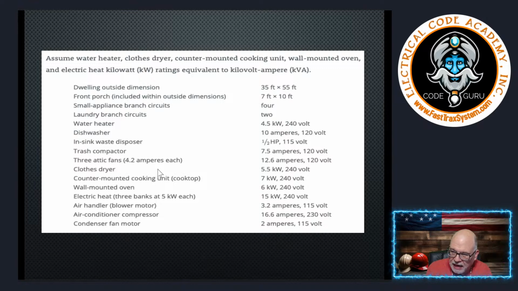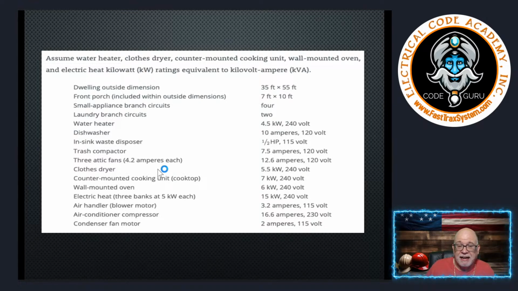In our case, we have 4 small appliance branch circuits. Of course, you all know that the NEC demands a minimum of 2 small appliance branch circuits. And if you're doing a load calculation on an exam and they're asking you to do the entire load for the dwelling, you have to assume at least 2 small appliance branch circuits at 1500 VA each.